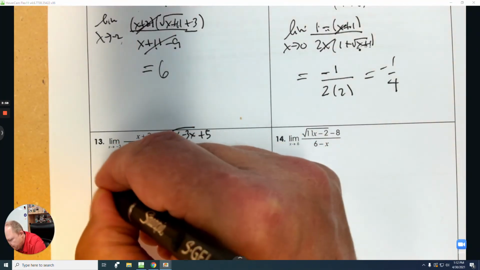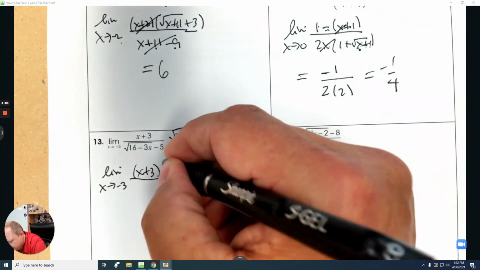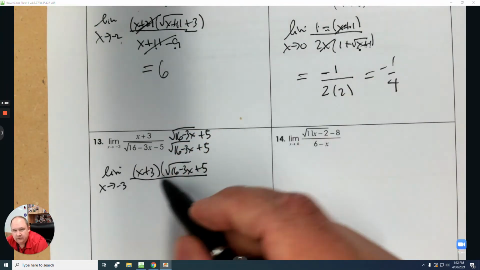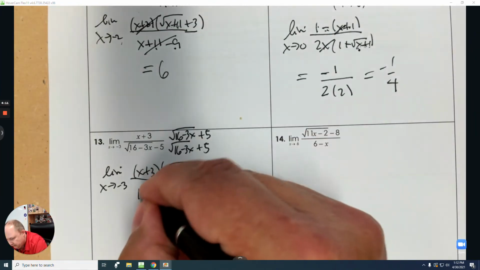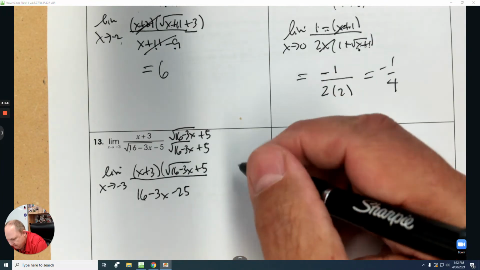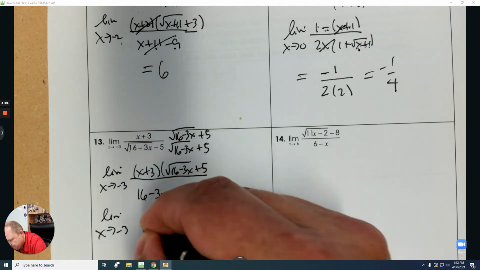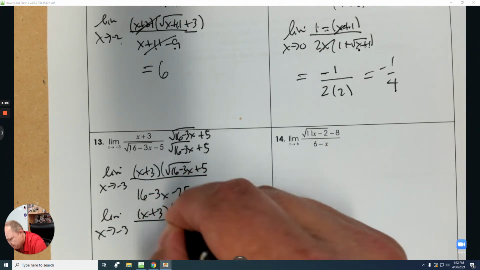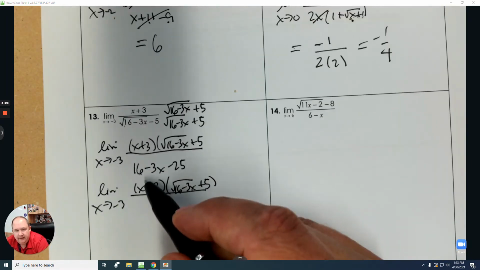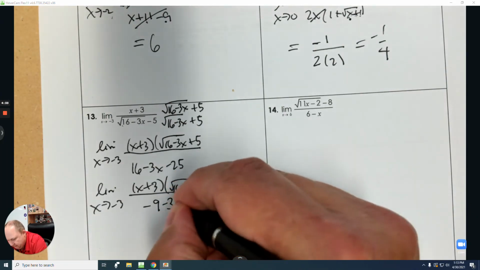So the limit as x approaches negative 3, the numerator, we'll just put them beside each other. The denominator, a root and a root, they just undo each other. Negative 5 times 5 is negative 25. 16 take away 25 is negative 9 minus 3x.